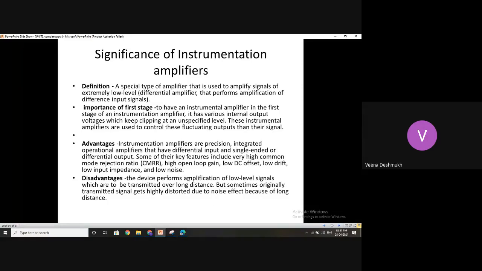It is basically a special type of amplifier, or a configuration of op amps in a specific mode. Two or three operational amplifiers connected in a specific fashion to achieve the desired common mode rejection ratio or to achieve a specific gain of weak signals.